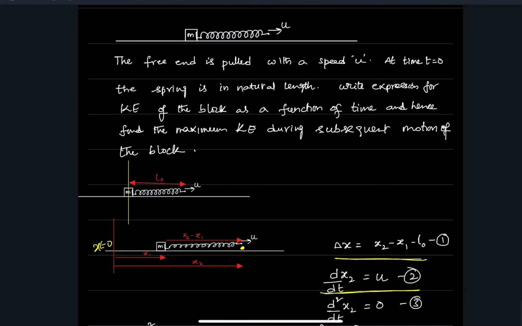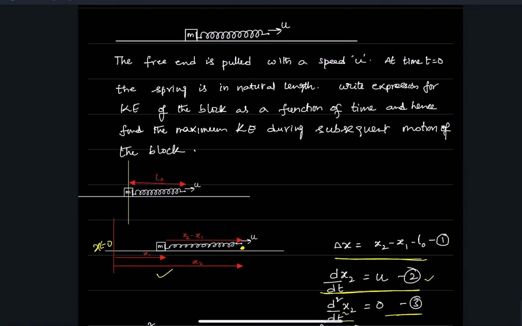Let us name this as equation 2. This free end has no acceleration, therefore I can also write d square x2 by dt square equal to 0, and this is my equation number 3. Now I am writing the force equation for the block.